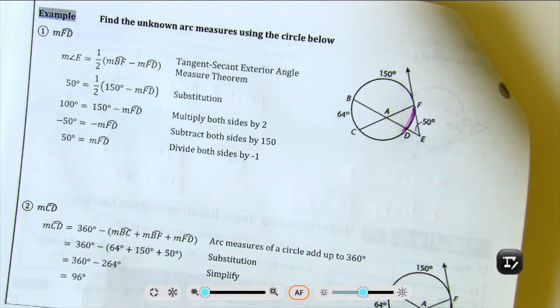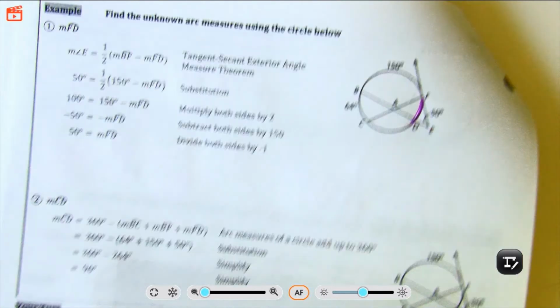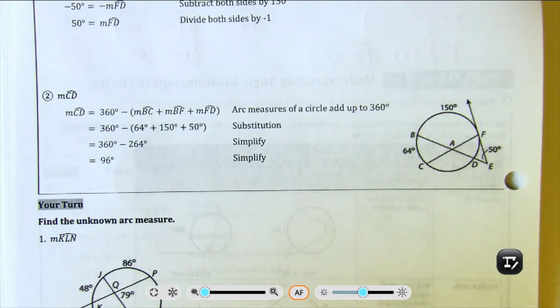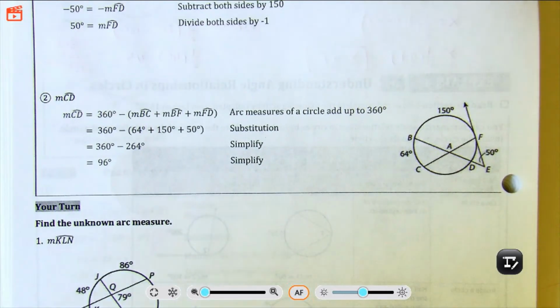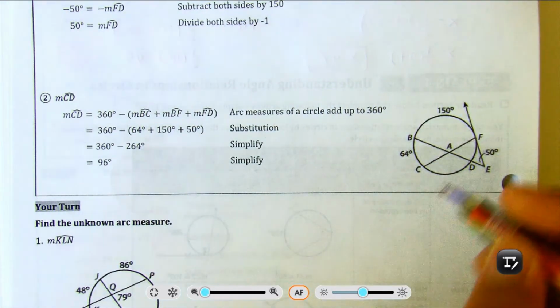Okay, next, for problem number 2, we have a new drawing, and we want to find out the measurement of arc CD. So let me highlight that here.